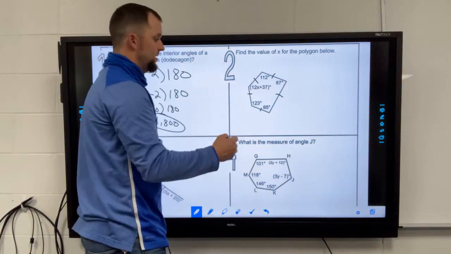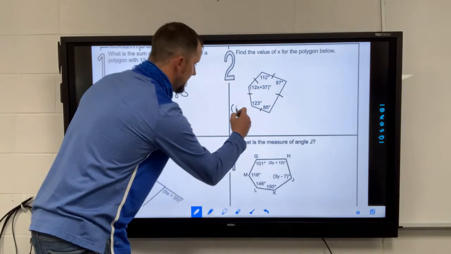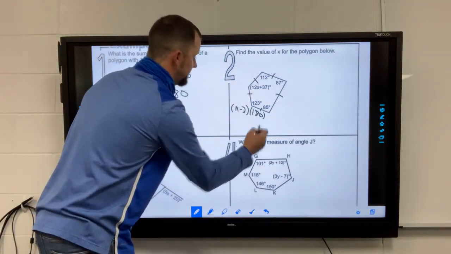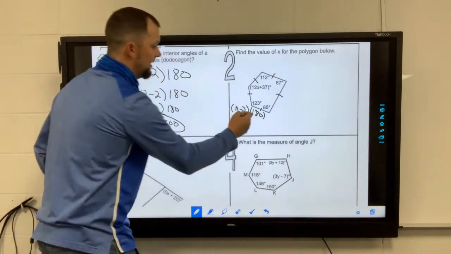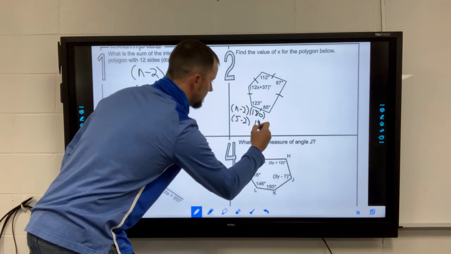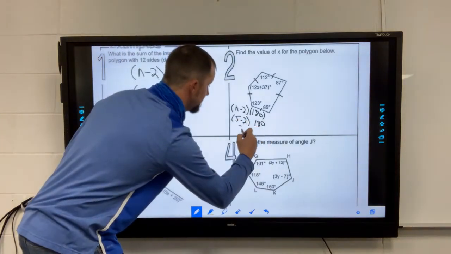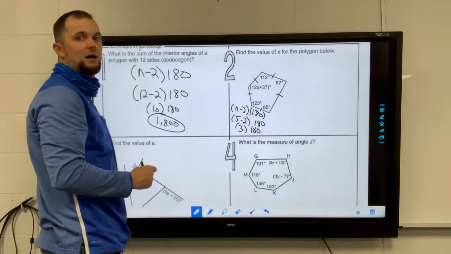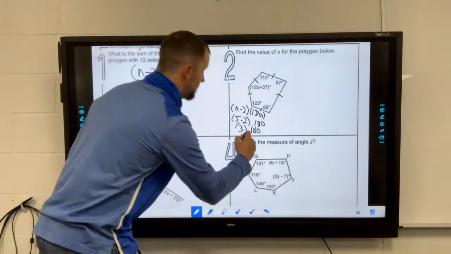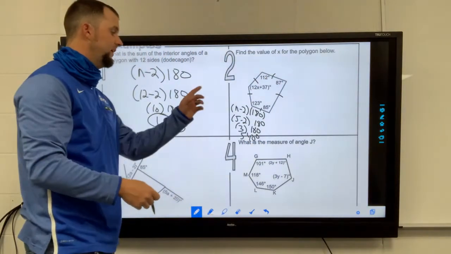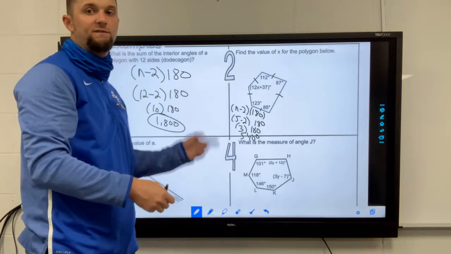So I'm going to use n minus 2 times 180. n is 5, and 5 minus 2 is going to give you 3. 3 times 180 is going to be 540 degrees. So that means this shape has all the interior angles adding up to 540 degrees.